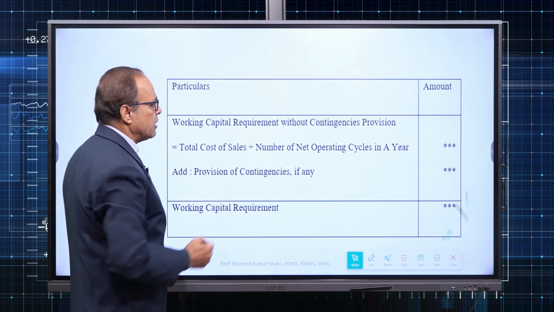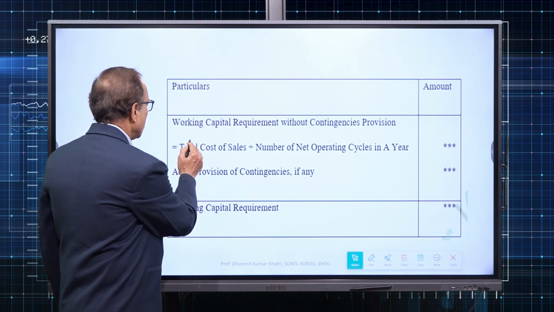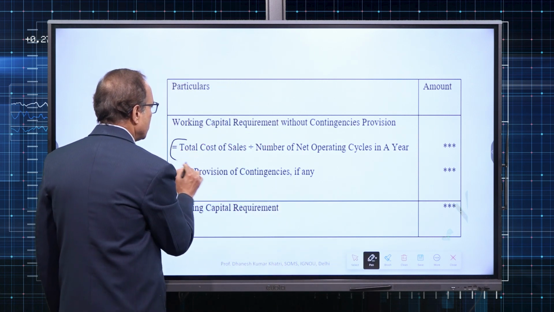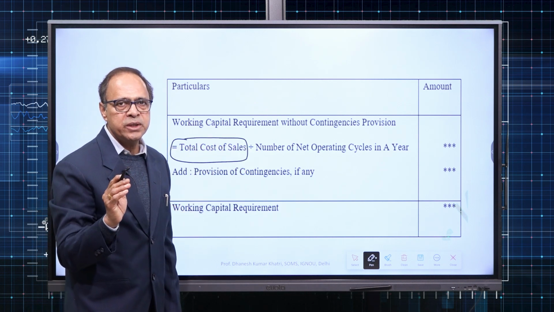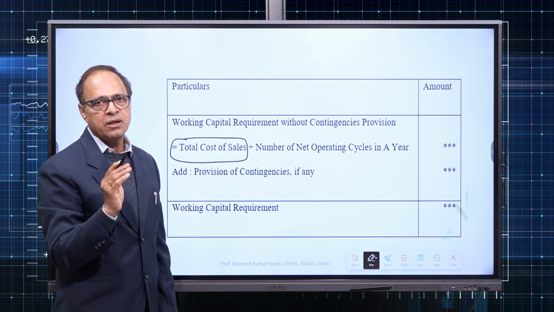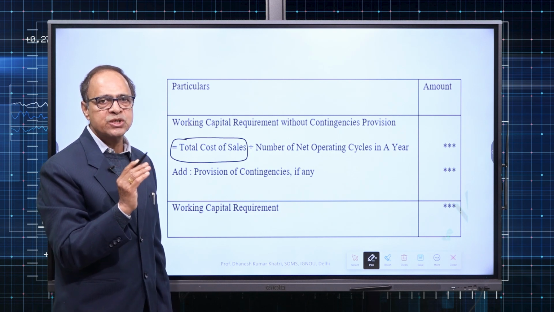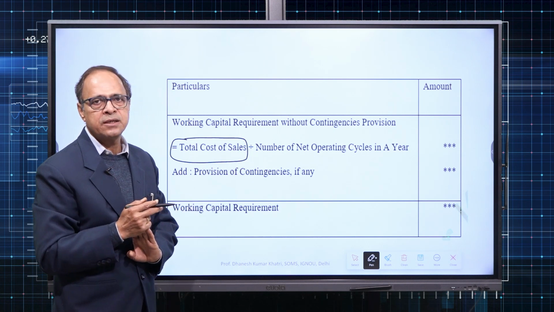Working capital requirement without contingency provision is simply total cost of sales. So, you have to estimate what is going to be your total cost of sales for the year, and remind you, it has to be cash cost, which simply means depreciation and amortization has to be excluded, divided by number of operating cycles in a year.